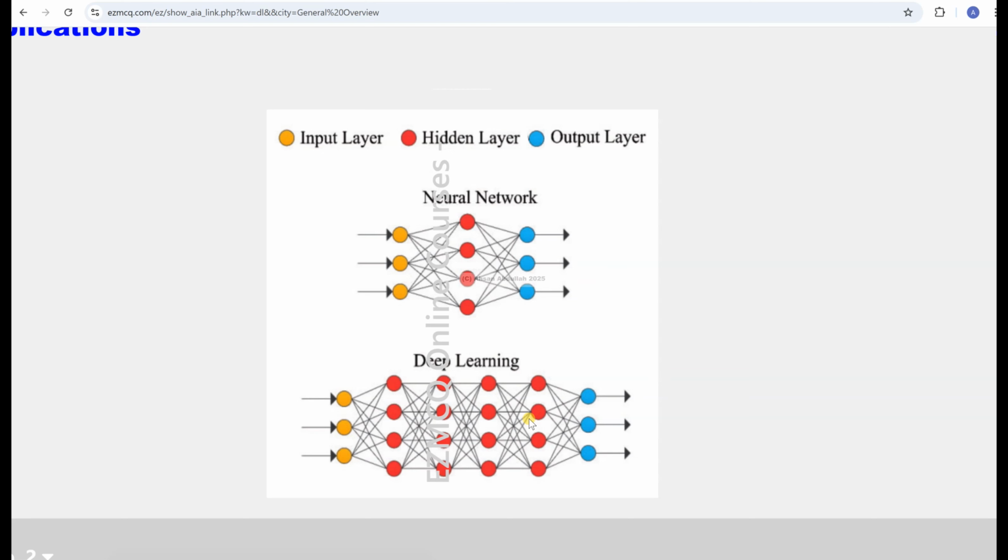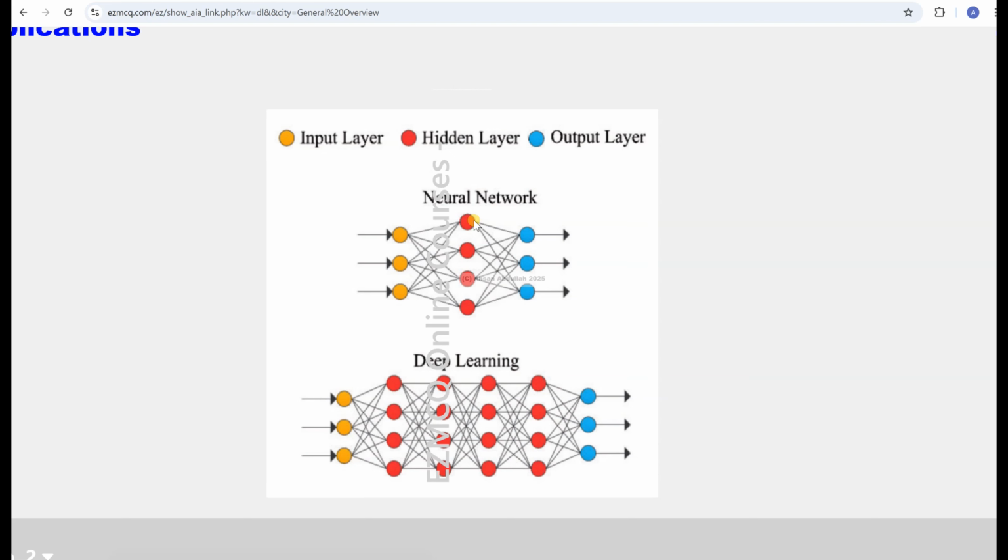What it provides is better abstraction and better representational learning, while still relying on the core principles of interconnected neurons and weight-based learning. There is a weight associated with this interconnected network. That weight is the learning, that is the learning.